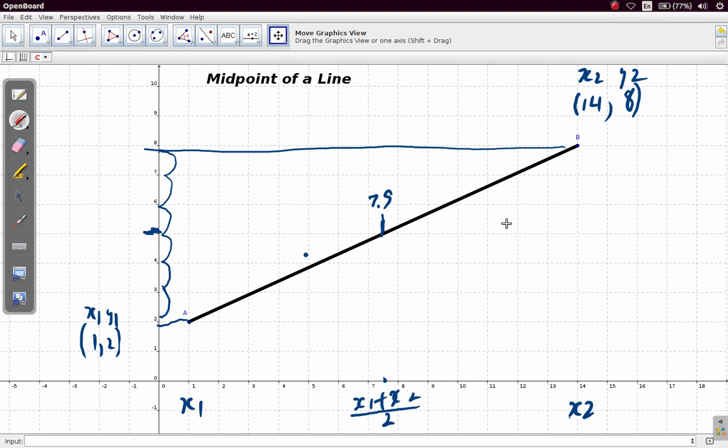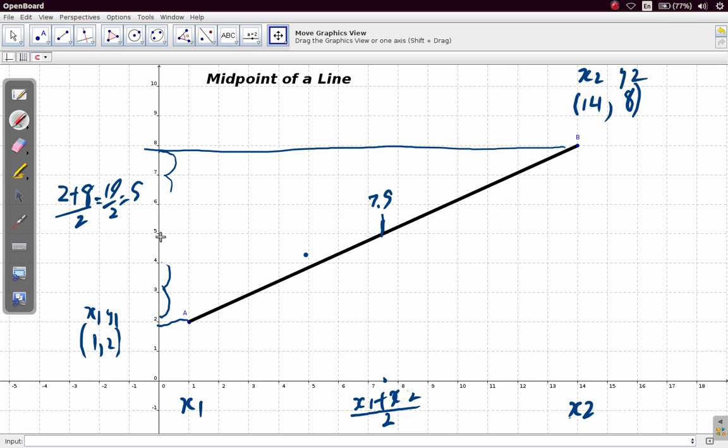If we say y1, which is 2, plus y2, which is 8, over 2, we would have 8 and 2, 10 over 2, which is 5. It does correspond. It lines up perfectly. It is 5.